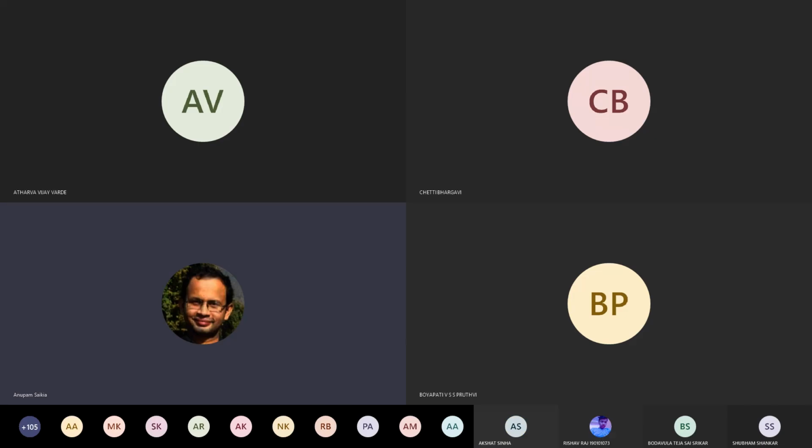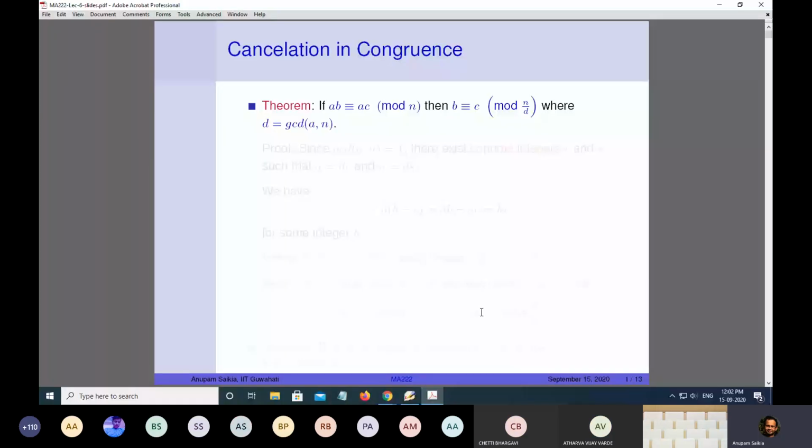So today we will look at congruences again, and the first thing that we'll discuss is cancellation. Because you know that if you have an ordinary equation like ax equal to ay in integers, you can cancel a as long as a is non-zero.